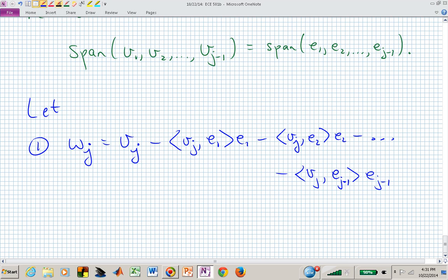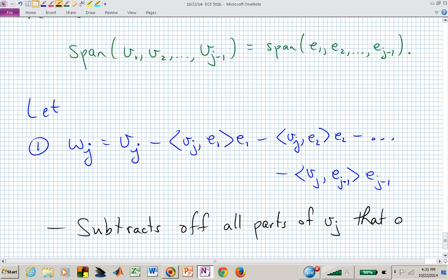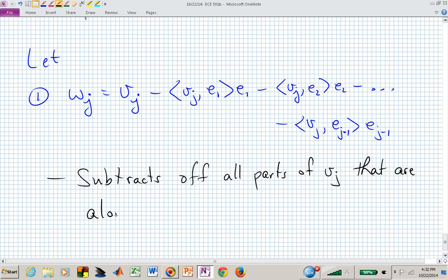What we're doing is subtracting off all parts of v sub j that are along the different orthonormal basis directions.